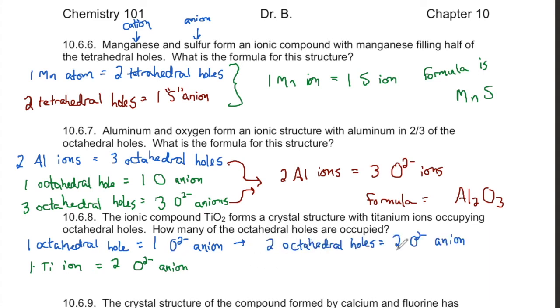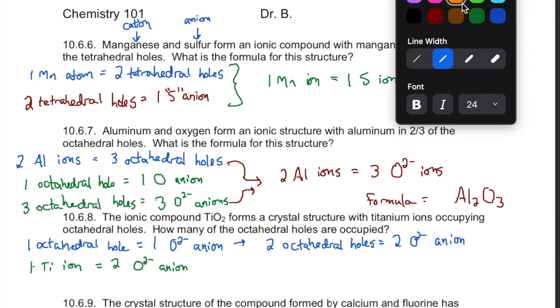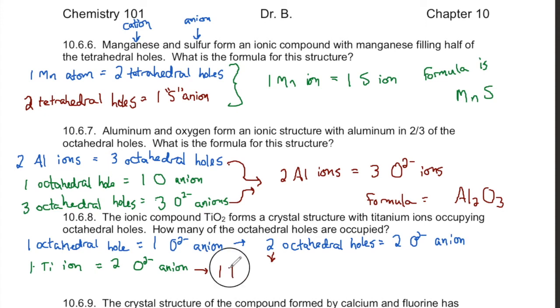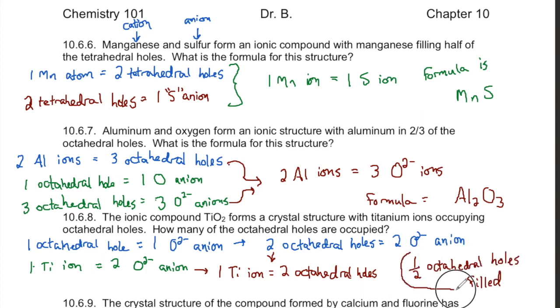So there's 2 octahedral holes for every 2 oxide anions, and there's 1 titanium ion for every 2 oxide anions. Reasoning this out logically, that means there's 1 titanium ion for every 2 octahedral holes. So for every 2 holes, 1 of them is filled with the titanium ion. So that means that 1/2 of the octahedral holes have titanium. So 1/2 of the octahedral holes of this compound are filled. 1 cation in every 2 holes.